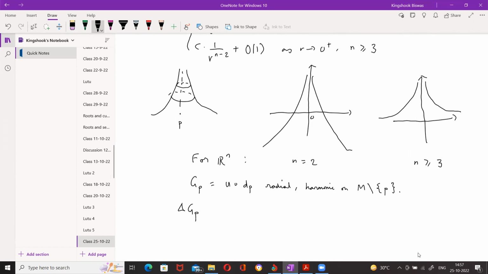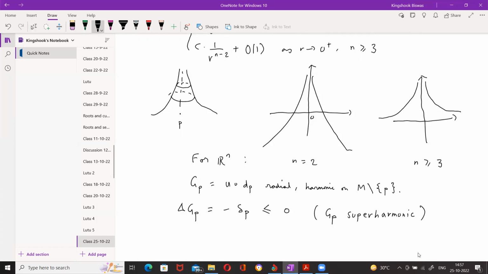The Laplacian is actually a distribution: it is minus the Dirac delta at P, in the sense of distributions. It is a non-positive measure, so this function is actually superharmonic, because its Laplacian is non-positive.